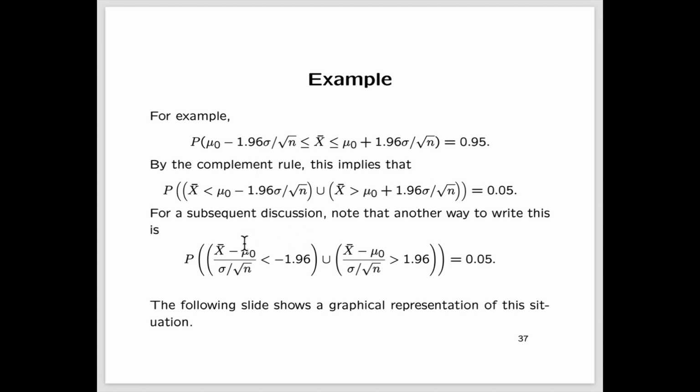When we do this, we see that the probability that we get a hold of a sample for which the standardized version of x bar is either to the left of negative 1.96 or greater than positive 1.96 is only 0.05. And so if we were to speak in terms of what constitutes unusual values for the standardized version of X bar, we would say that it would be values that are either to the left of negative 1.96 or greater than positive 1.96.